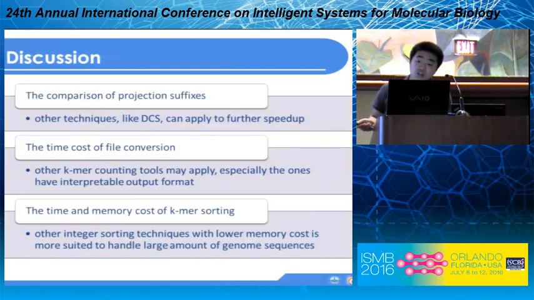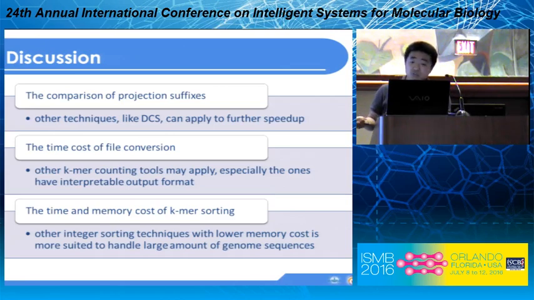Firstly, in the current version of deBWT, the comparison of the projection suffix is quite straightforward. I mean, directly compare the projection suffix. More advanced techniques, for example, difference cover sample or something else, may further improve it. And secondly, the time cost of file conversion is a problem. It's a non-negligible problem.